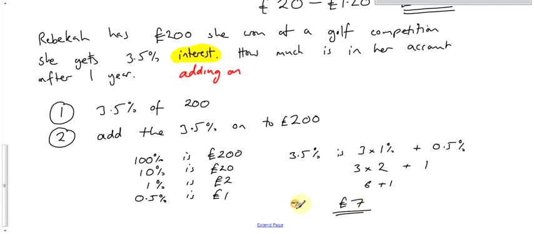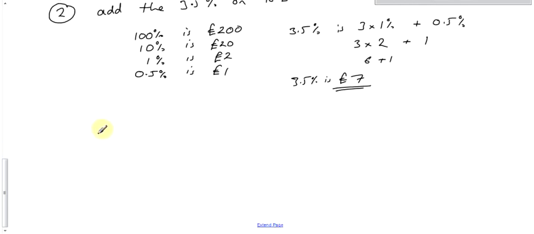So that's my 3.5%. And now I can put the money in the bank. So at the end of the year, I've got this 200 quid in the bank, and now there's an extra £7 in the bank. So £207, and that £7 is money for doing nothing other than leaving the money in the bank.